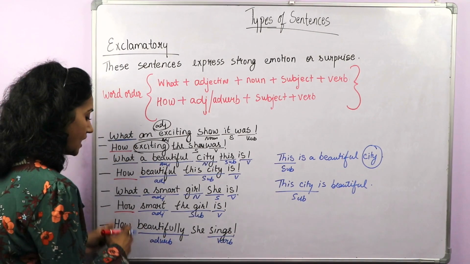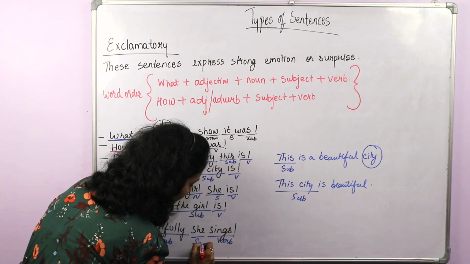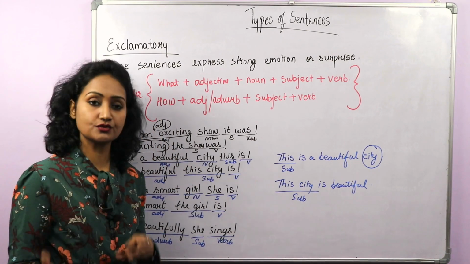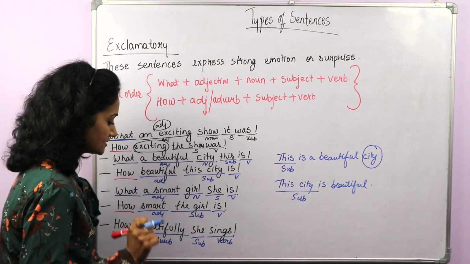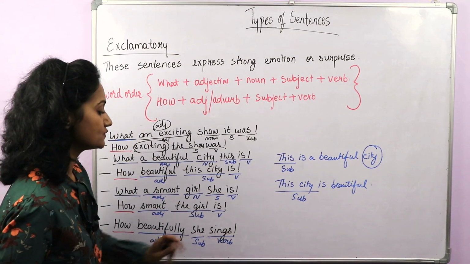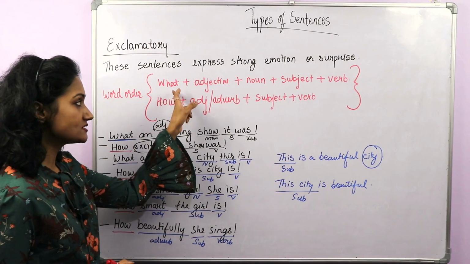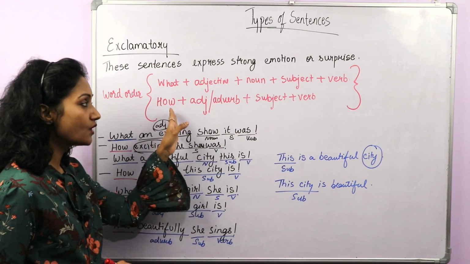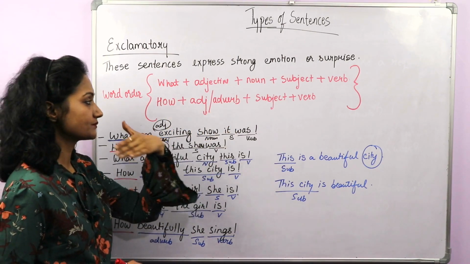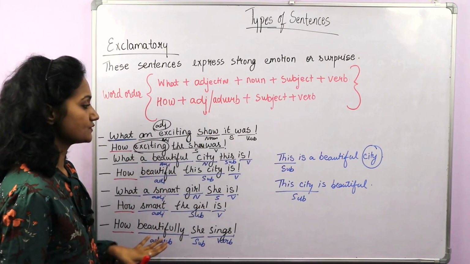Okay, how plus adverb plus subject, she sings beautifully, or how beautifully she sings. So she is the subject, and then in the end we have the verb. So that's why when we use what, we cannot put an adverb, but when we use how, then at the second place we can use adjectives or adverbs. Okay, so this is the formation.